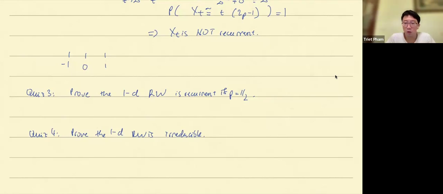as I said, we cannot use the obvious argument or the intuitive argument here. We have to prove everything rigorously according to definition. So how do we know that the random walk is irreducible?